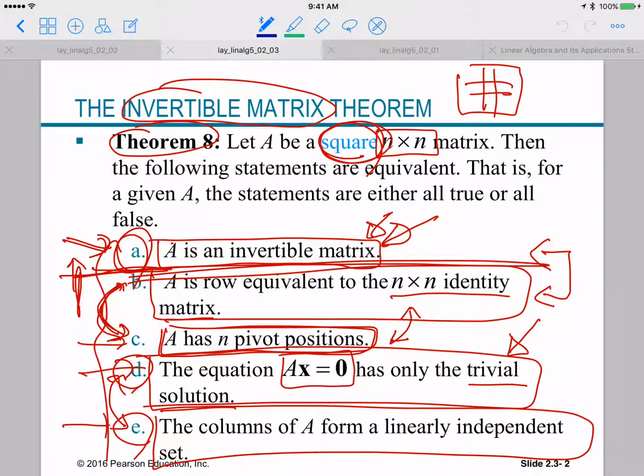Okay, so if your matrix is square, and one of these items is true, then it will make all the other items true as well. And that is the meaning of an invertible matrix. Okay, so that's it for today.